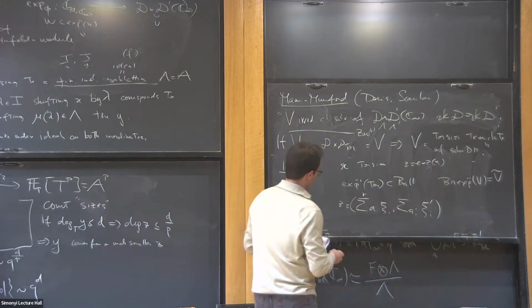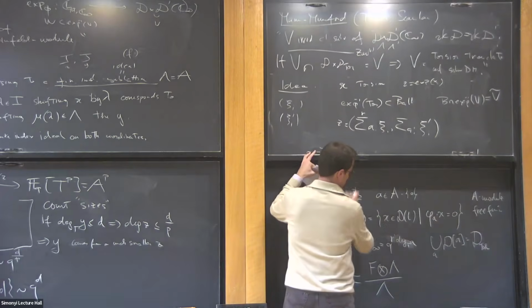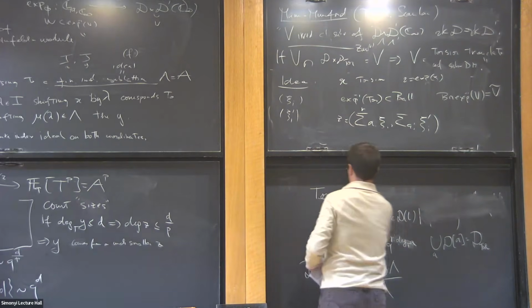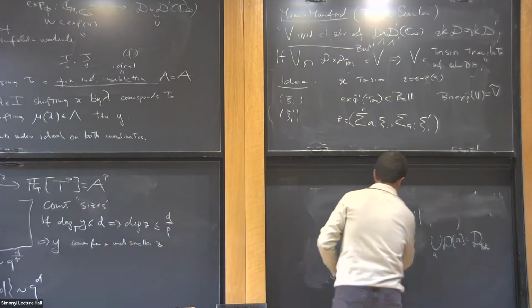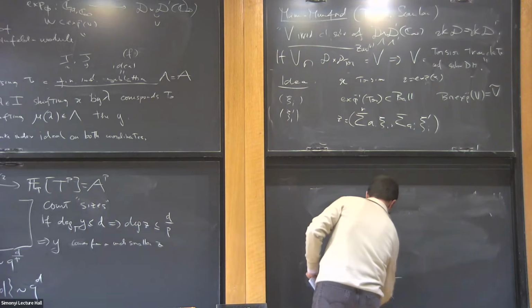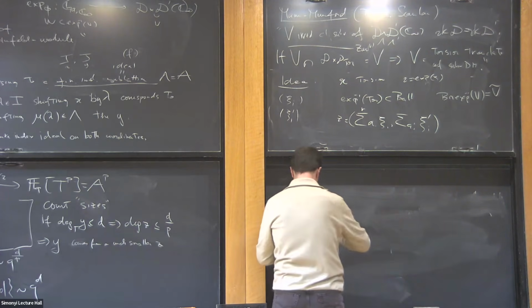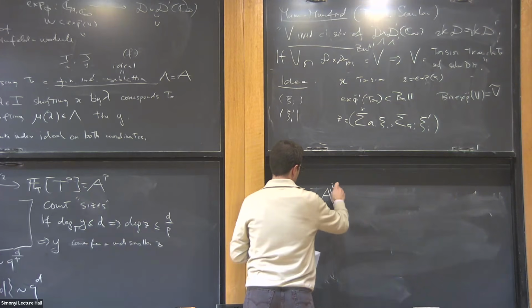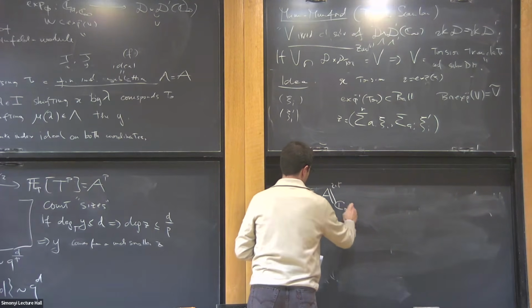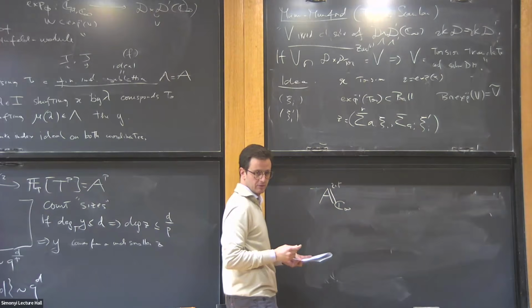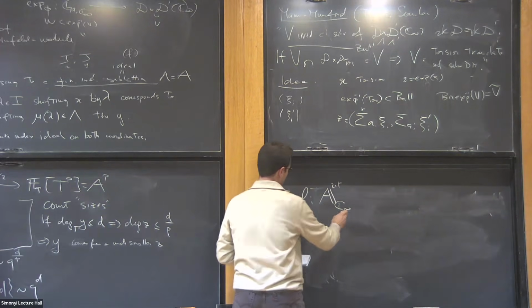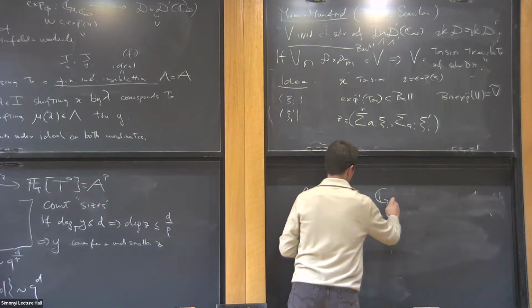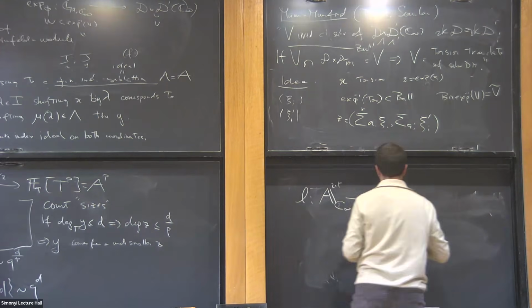As I said before, we need a replacement for the Betti coordinates. So we will introduce 2r times C infinity, a parameter space for the coefficients, and the linear map which will go to G_a squared.